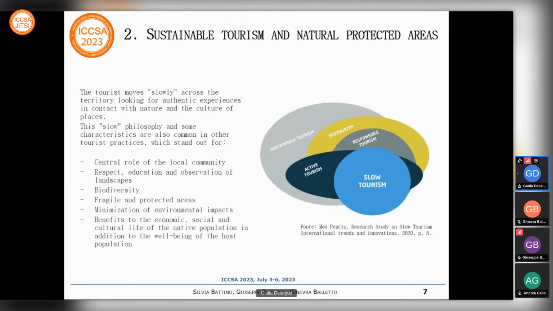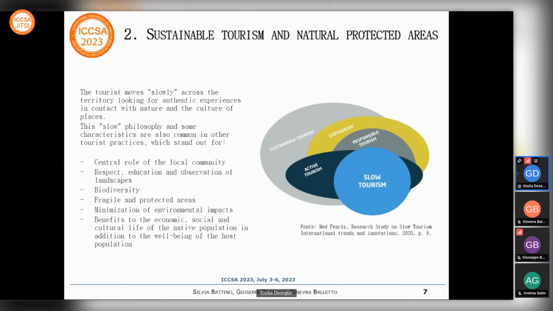So the slow approach can be applied in different forms of tourism, not only those based on nature. For this reason, we can list some characteristics. For example, the approach of tourists is more responsible, is more attentive, and there is the local community, of course, which plays an active part in organizing and offering the many tourist activities.